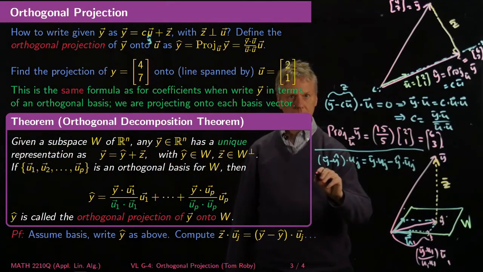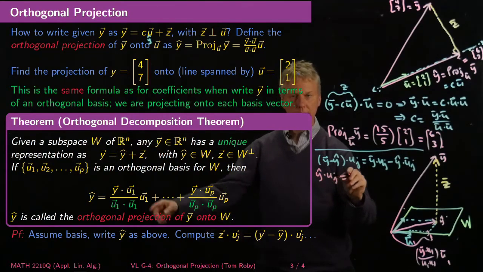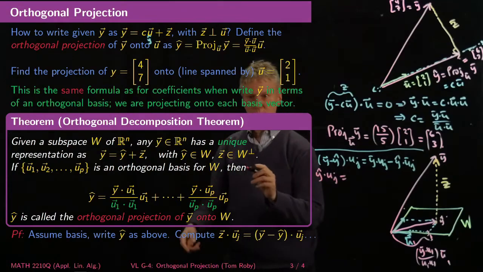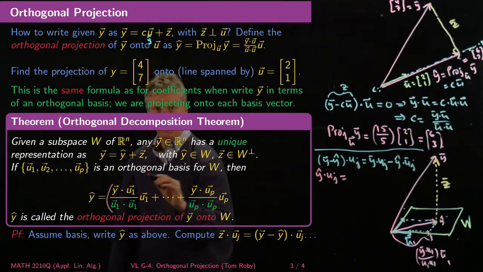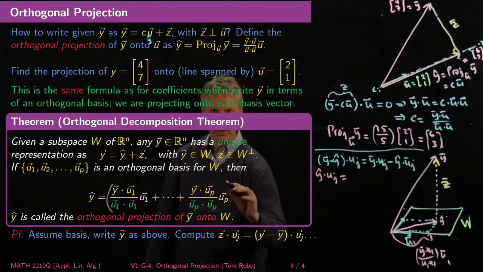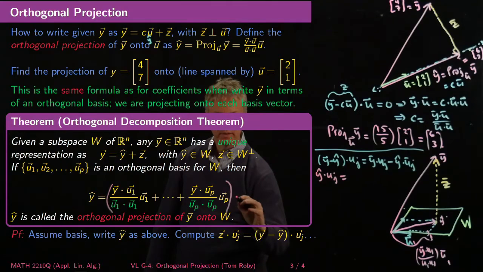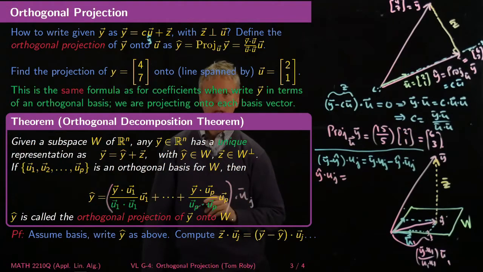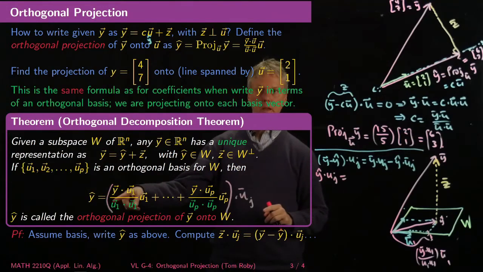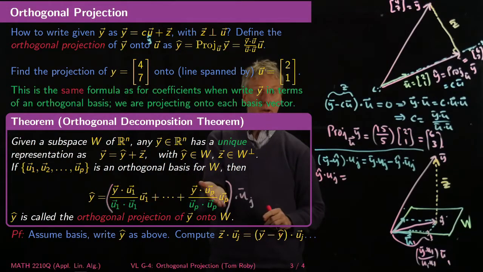Well, y hat dotted with u sub j is this formula dotted with u sub j. So maybe I'll just take this formula and say what would happen if I dot this whole thing with u sub j? Well, it's orthogonal, right?